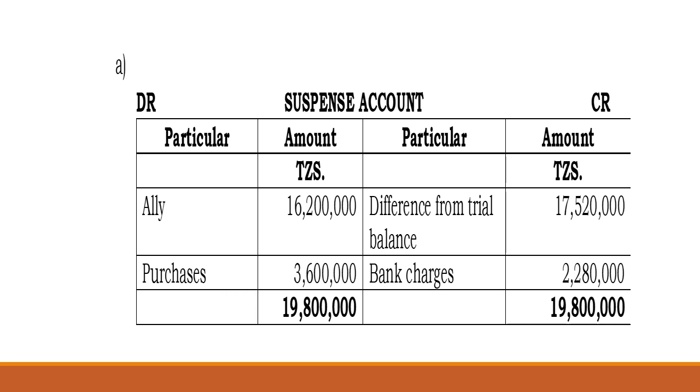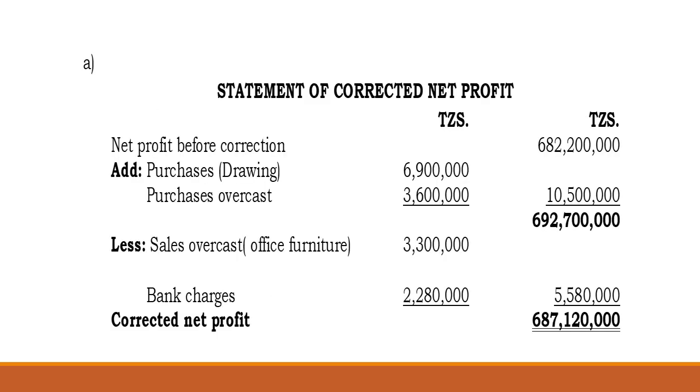So after that, if all errors are eliminated, then the suspense account should have a nil balance, as you can add both of them to be 19,800. So again, we are told that they went even further to prepare a statement of profit or loss.